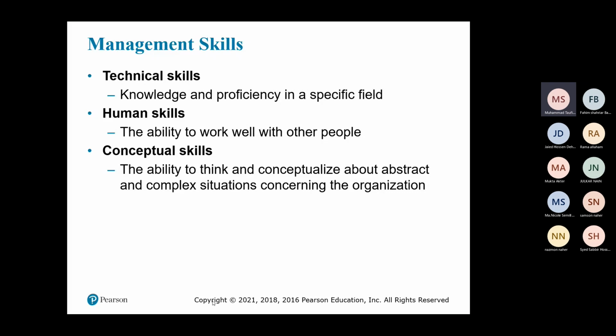For example, if you are appointed as a technical manager, you must have the technical knowledge, the engineering knowledge on how to solve problems. If you are assigned as a sales manager, you must have the knowledge of how to make the sale, how to boost your sales.